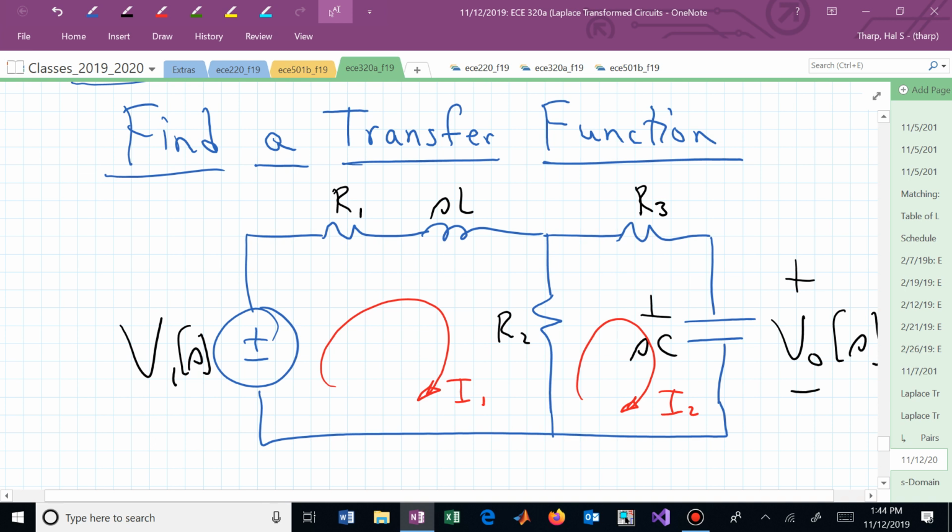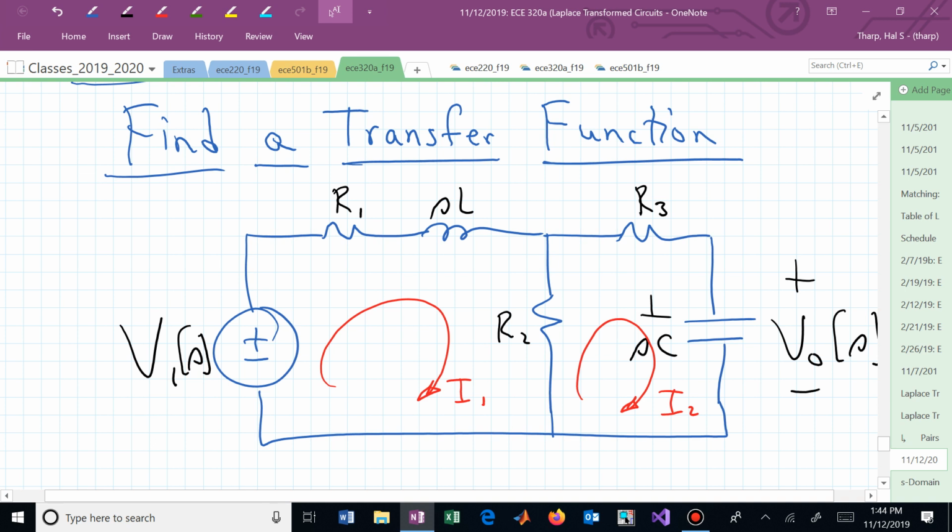Can you tell me what's going to happen in the limit? Can you draw this circuit at infinity or for large values of time when V1 is a constant? The inductor acts like a wire. Capacitor opens up. You have a voltage divider.